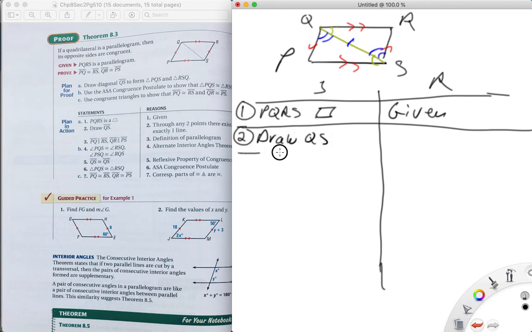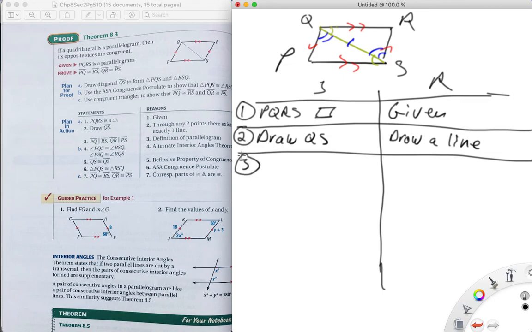And we can say that because any 2 points, there's a line. For the reasoning, you don't necessarily have to say that. You can just say draw a line. I'm okay with that. That's fine.